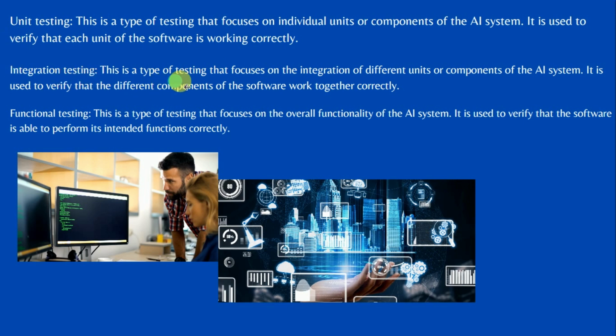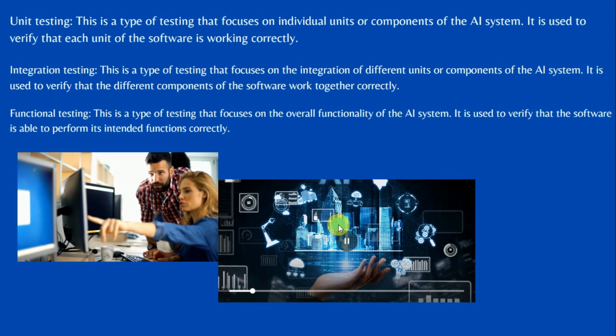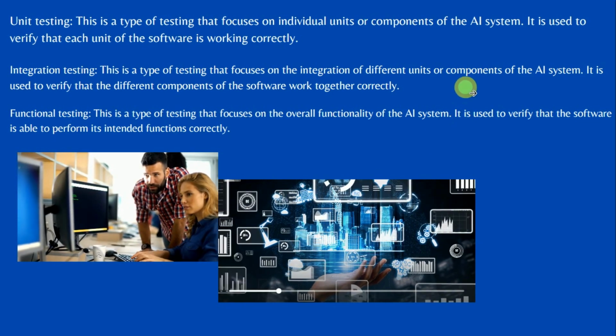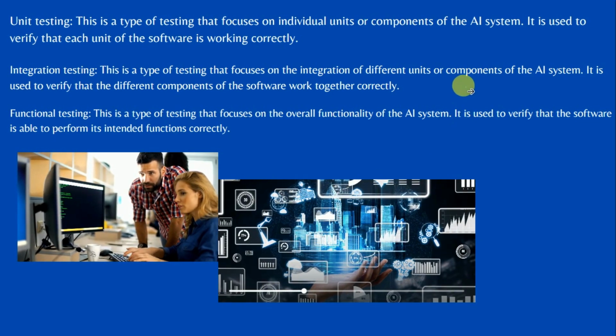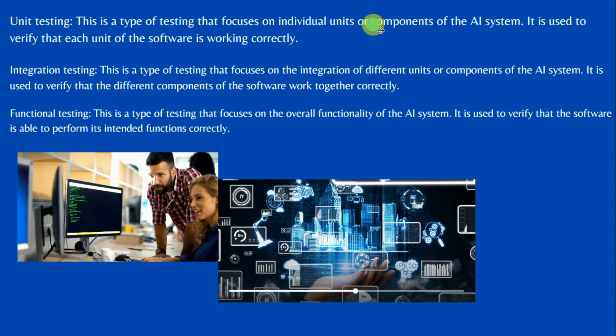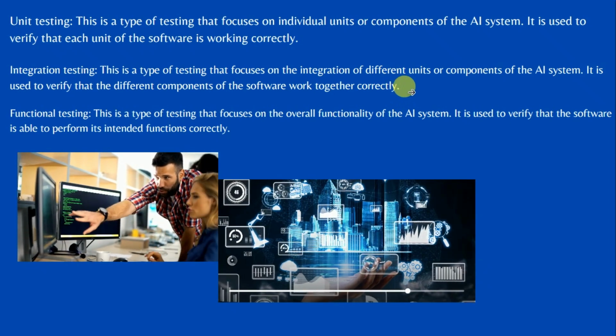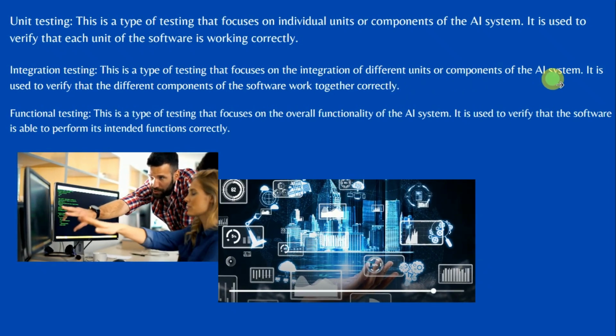So basically this is the type of the testing that focuses on the integration of the different units and the components of the AI systems. There are two components, component A and component B. So we integrate, means we join these components and then we see how they are working. Individually they are working fine, but after integrating with the other component they should work perfectly.